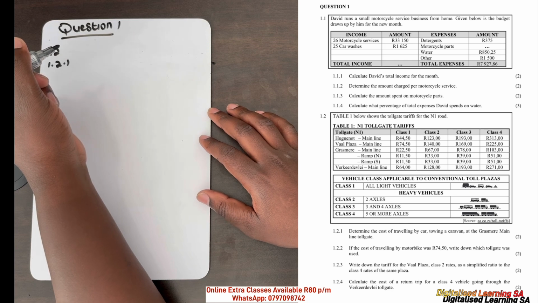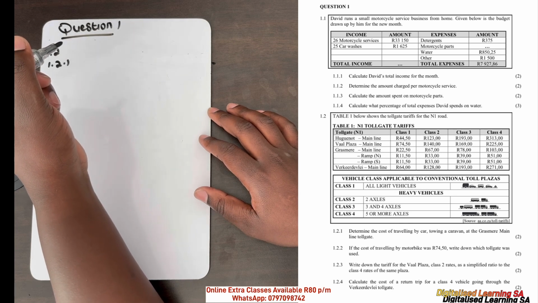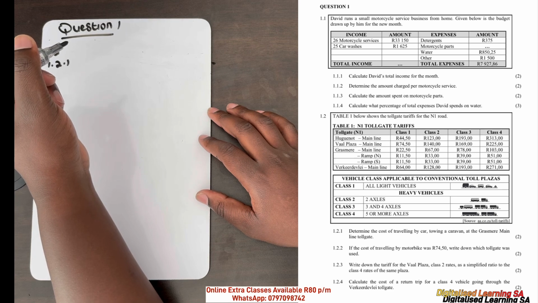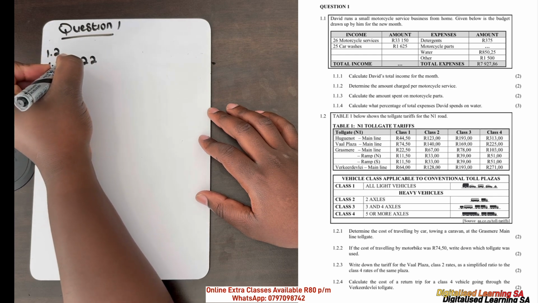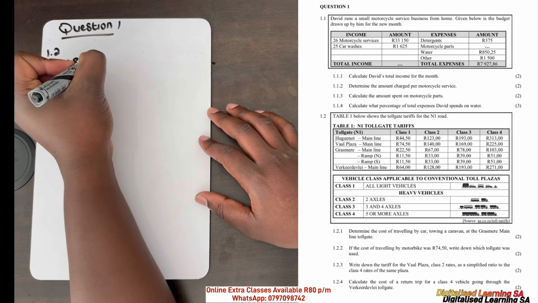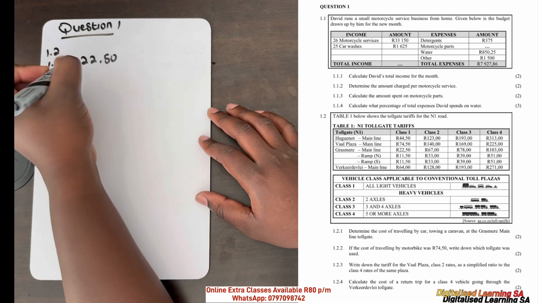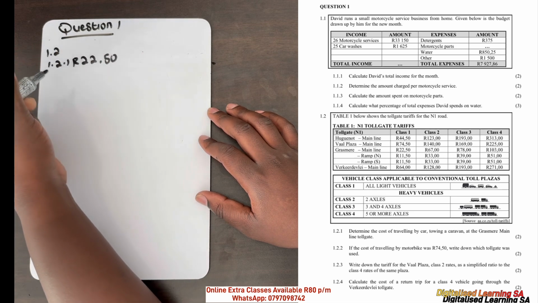So a car towing a caravan also falls under class 1. So our answer will be, we just go to Grasmere main line toll gate and check under the class 1 column. So we can see that the price will be 22 rand 50 cents. So it will cost 22 rand 50 cents.